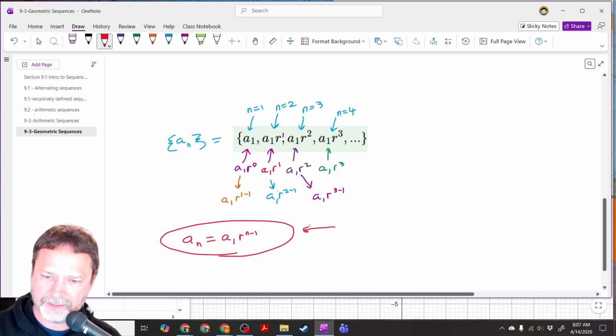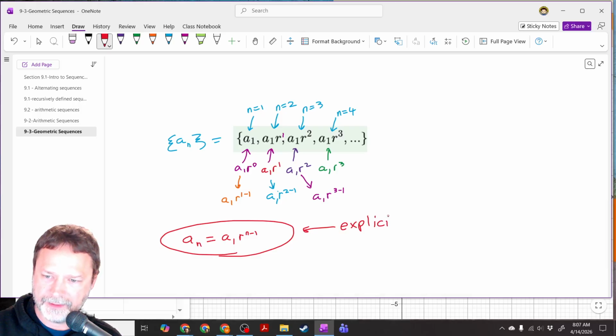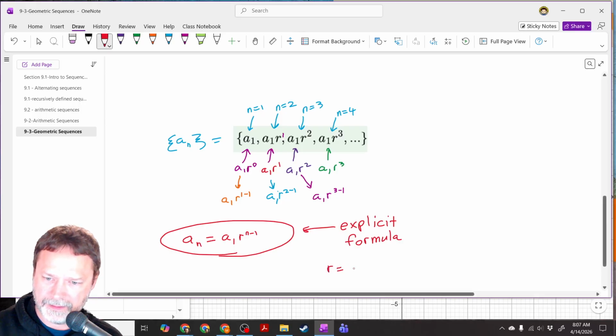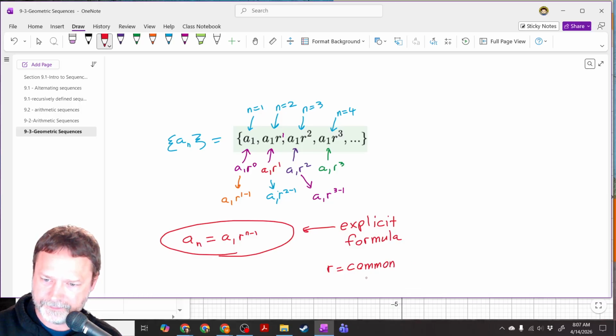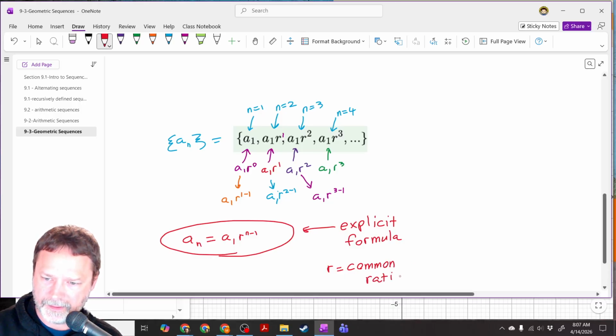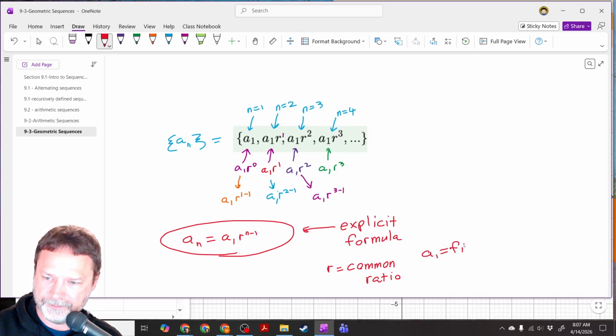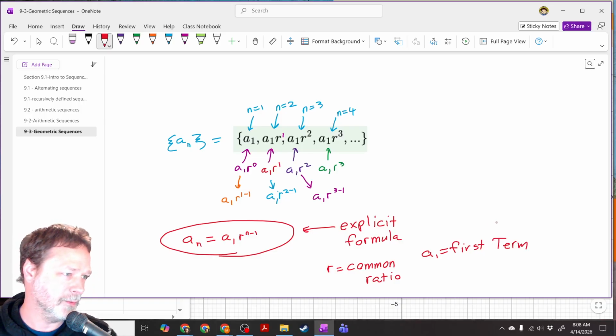And that is our explicit formula for geometric sequences, where r is our common ratio, right? And a sub 1 is our first term. And that'll do it. That's it. Okay? So there it is. That's how we find this wonderful formula.